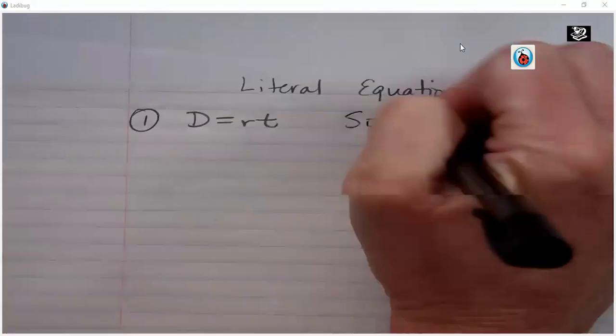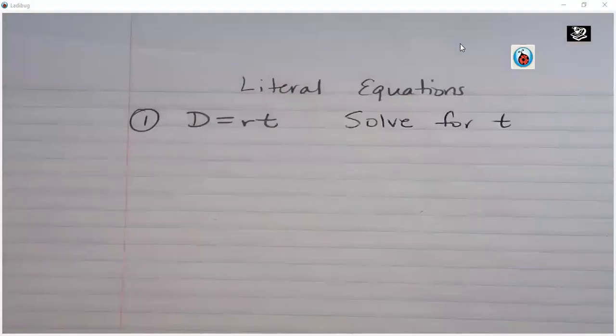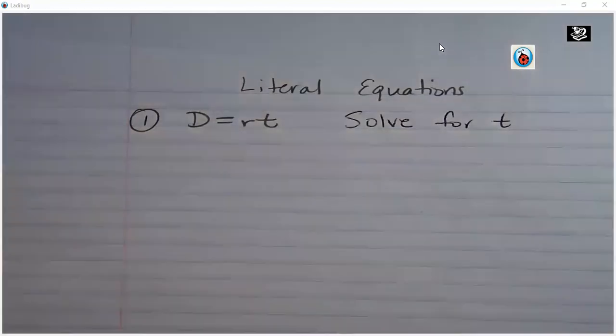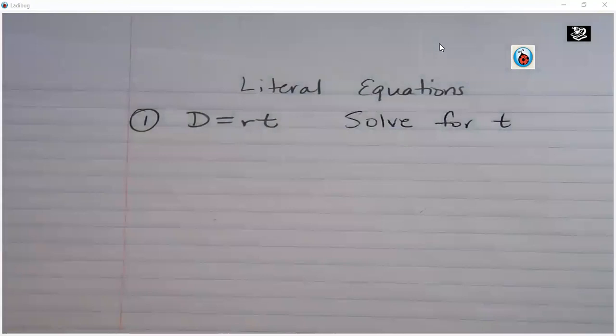Solve for T. All right, I'll give you a few minutes to write that down. D equals RT, solve for T. All right, what does it mean by solve for T?